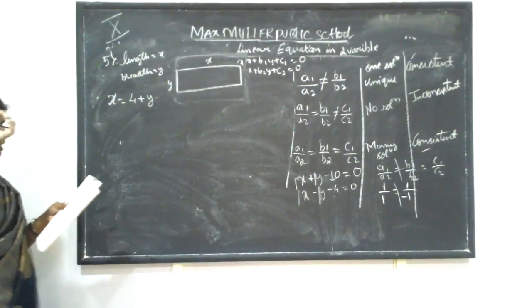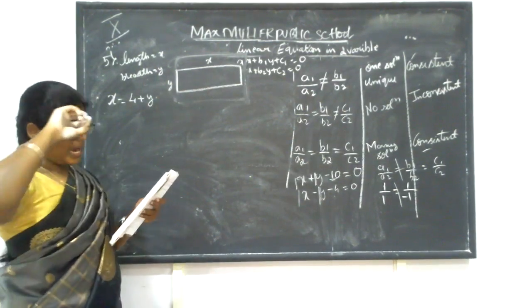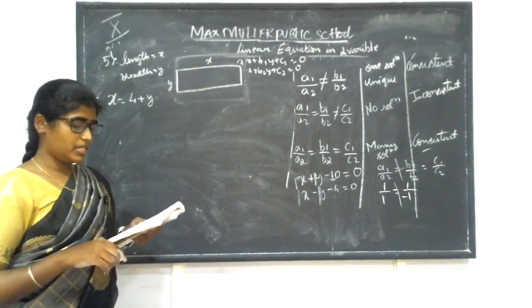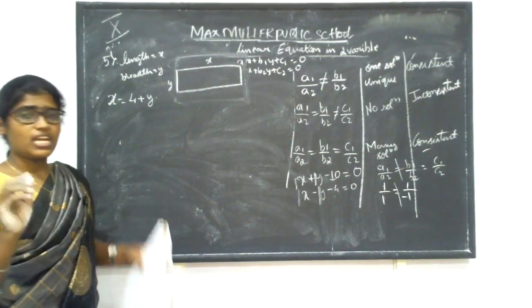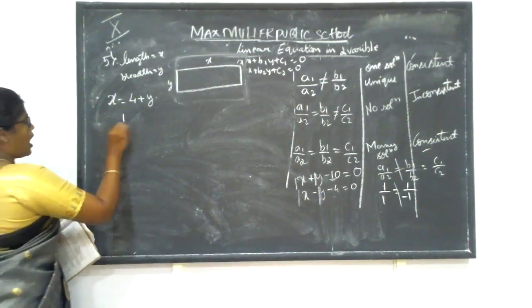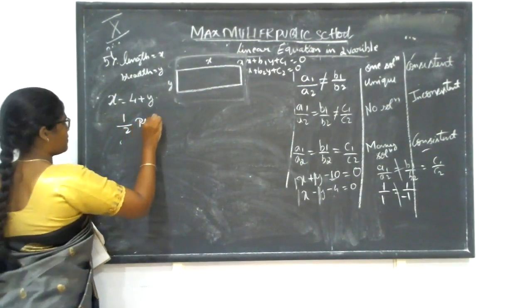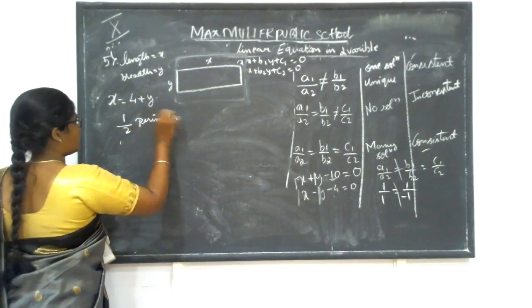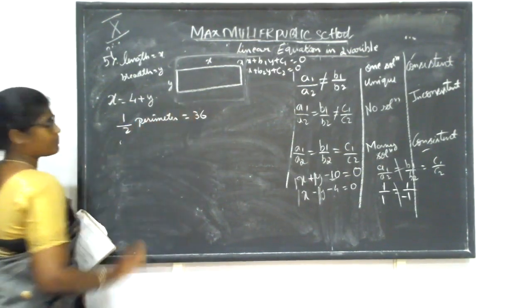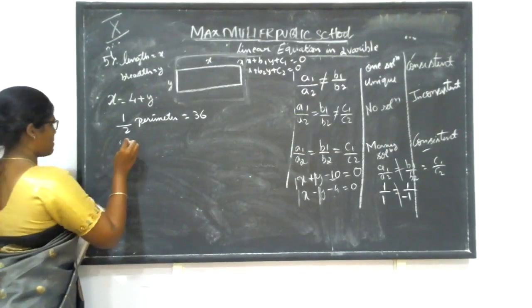Then what have they told? They have told me that half of my perimeter is equal to 36. Correct? Now, what is the perimeter of a garden?